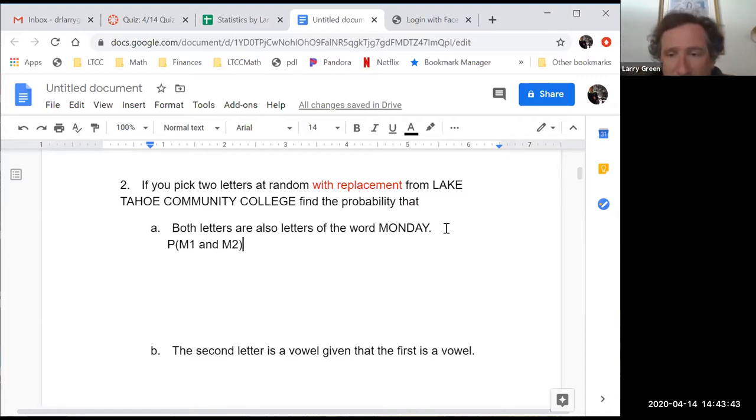Any questions on that? Okay, so now we've got to find out the probability of the first letter being of the word Monday. So let's just work that out. First thing is, what's the denominator? It should be really easy.